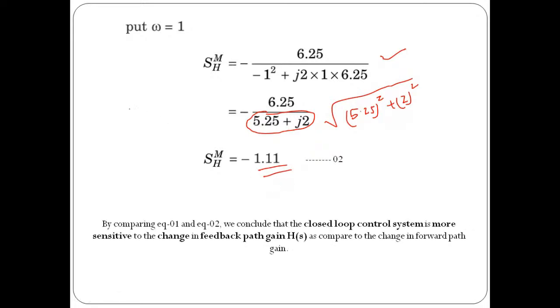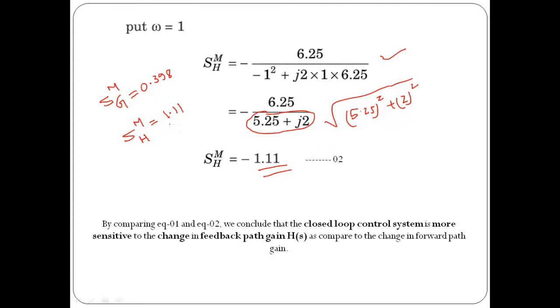And finally, in the previous section, we got the sensitivity of overall transfer function with respect to feed forward path gain. It is nothing but 0.398. And here the sensitivity of the same system due to change in feedback path gain, if you take the magnitude, it is 1.11.